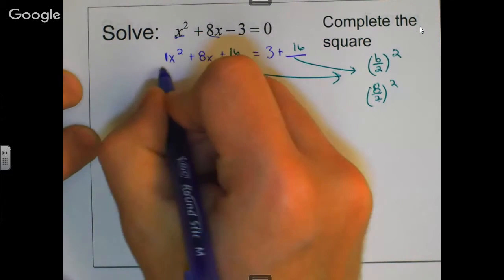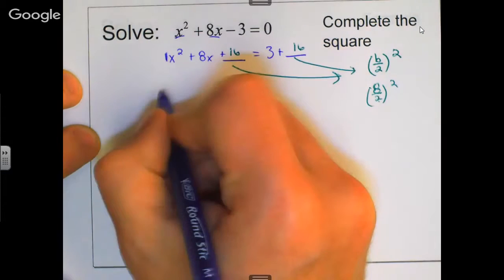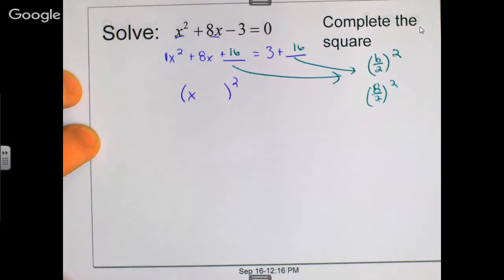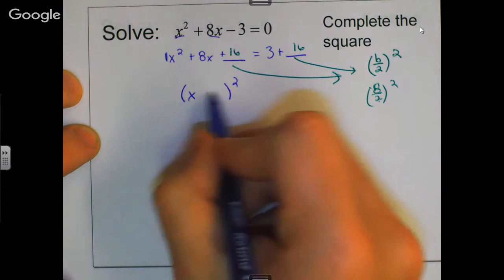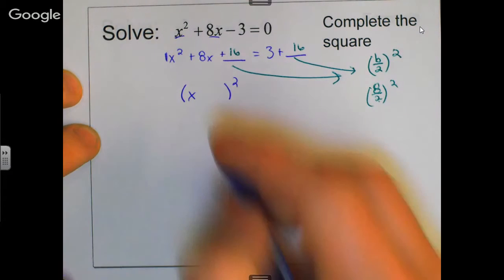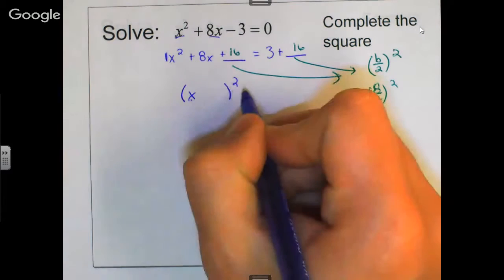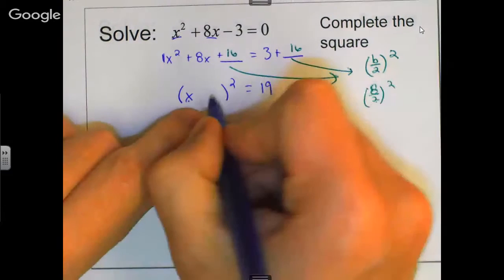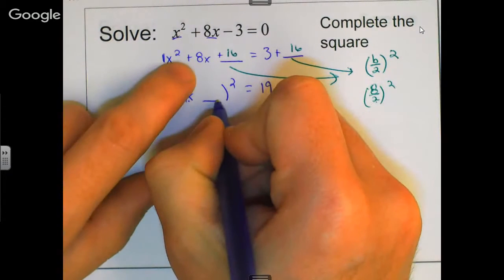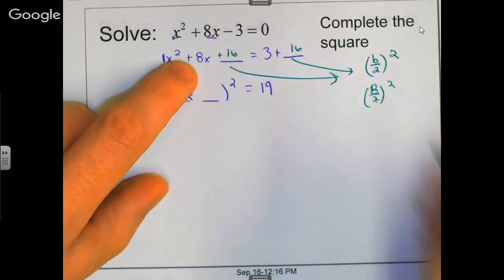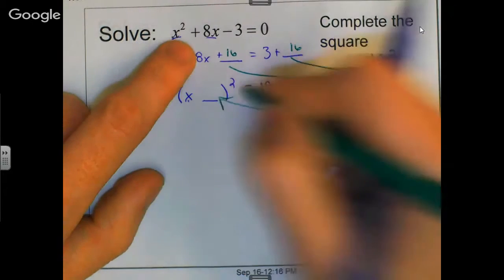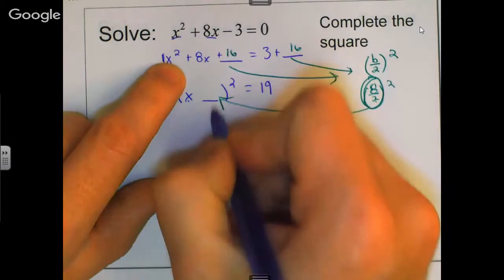So then this side is now a perfect square, meaning that my two factors are the exact same. And they are both in this form. Okay, so you'll have x some number squared equals, and in this case, 19. Now, how do I know what number goes here? It will always be this number right here going there. So b divided by 2 goes here.